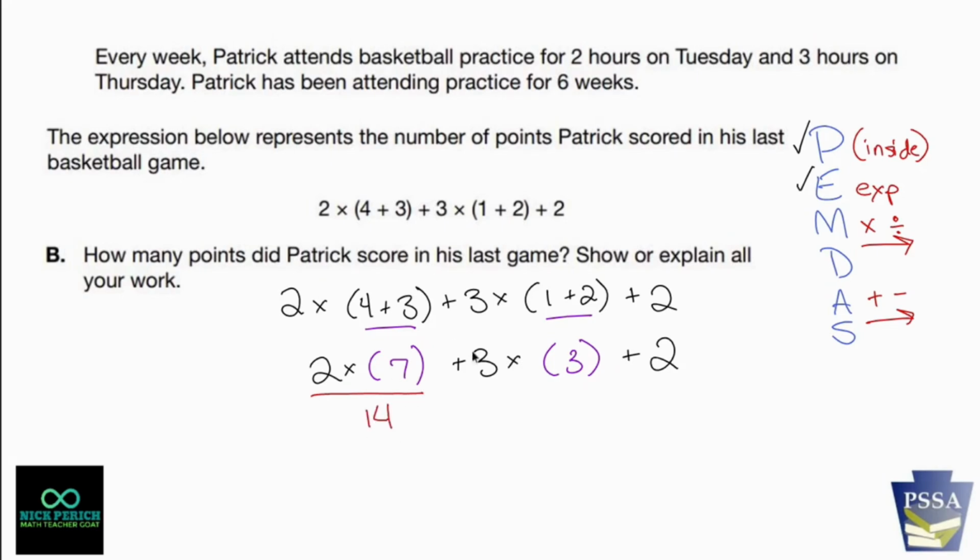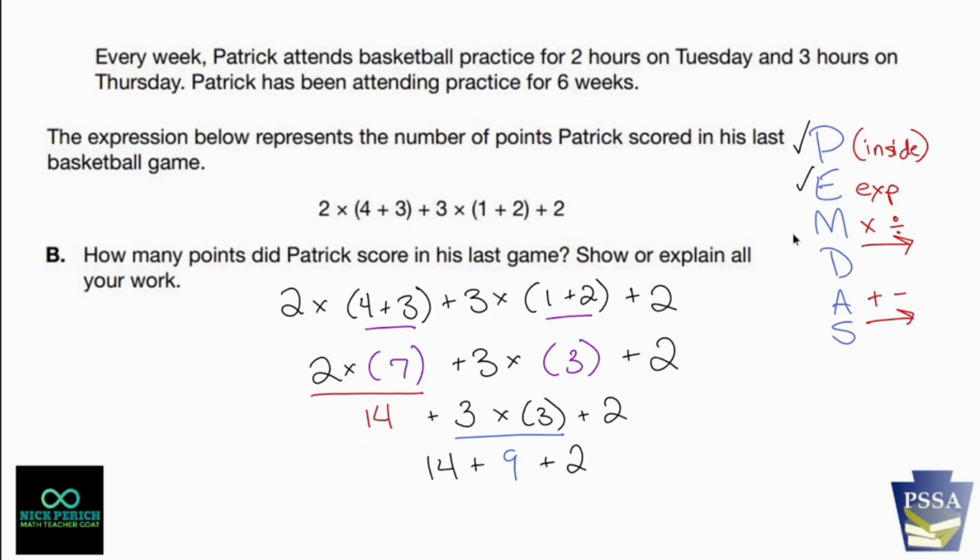Let's drop down everything we didn't use. Plus 3 times parentheses 3 plus 2. Am I done multiplying, dividing left to right? No, because I see another multiplication part right there. 3 times 3 is 9. So drop down that 9 and bring down all the other stuff we didn't touch. 14 plus 9 plus 2.